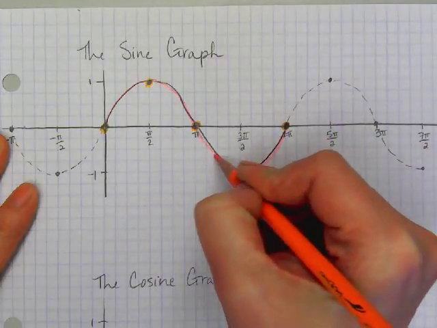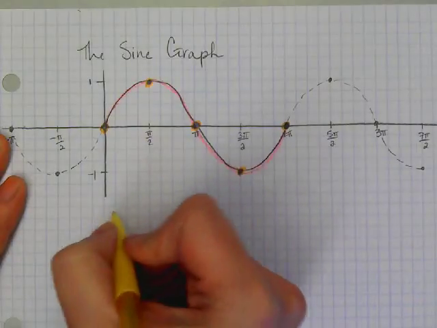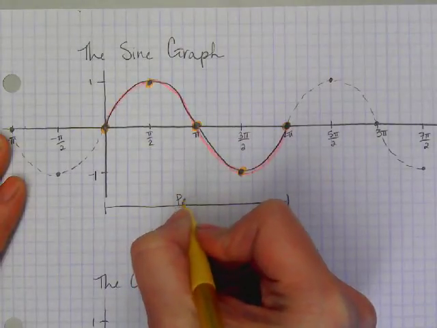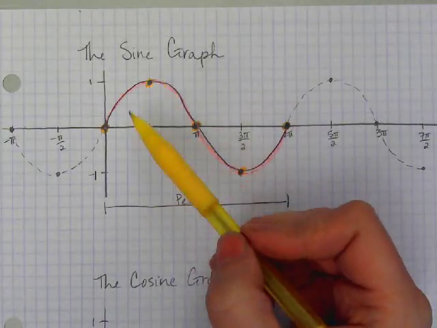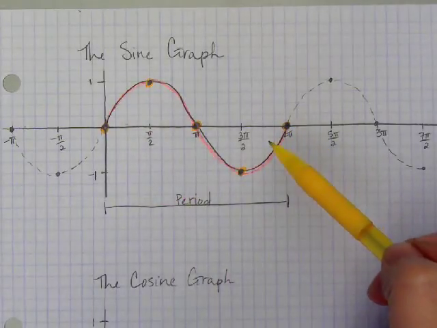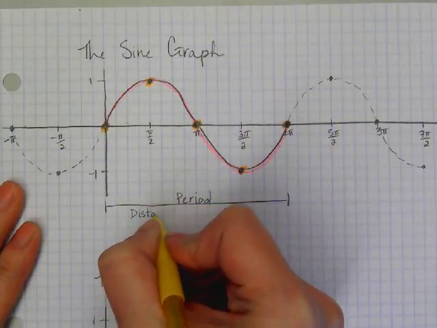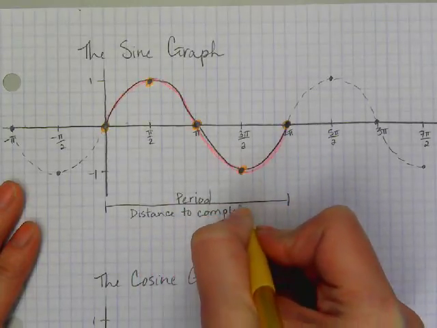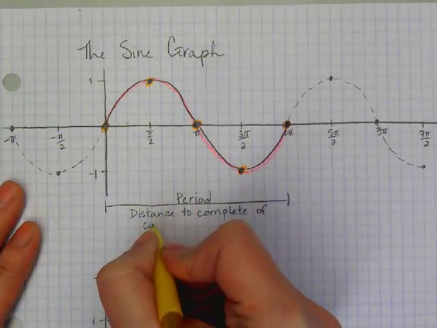So your starting point, all the way around your circle, back to your starting point. So the distance to complete one circle or one cycle. Your standard period is going to be 2 pi. But we are going to work on modifying that in future lessons.